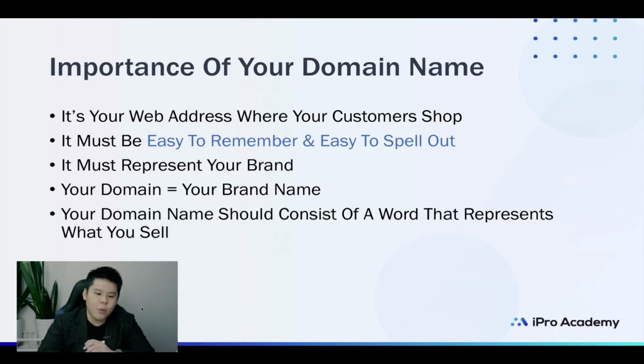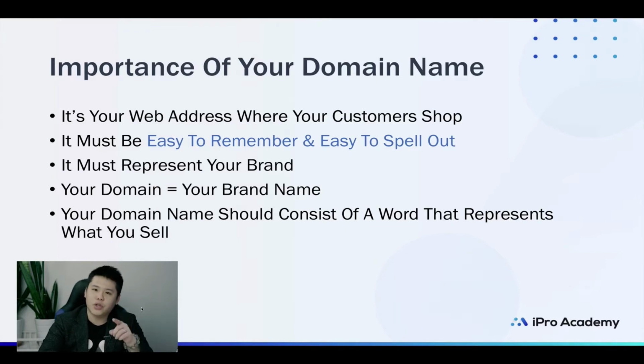Now, your domain should consist of a word that also represents what you sell. So for example, for iPro Academy, Academy stands for learning. iPro stands for Internet Professional. So at the end of the day, it consists of the word Academy, so people know that it is all about learning.